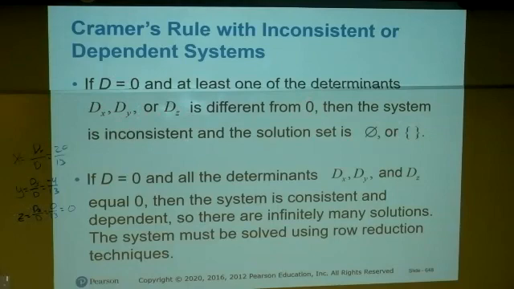If the determinant of the coefficients is 0, and all three of the others are 0, then the system is consistent, which means you get a solution, and dependent. So that means there are infinitely many solutions, and you have to solve it using row reduction techniques. You may see that in the homeworks, but you will not see that on an exam.